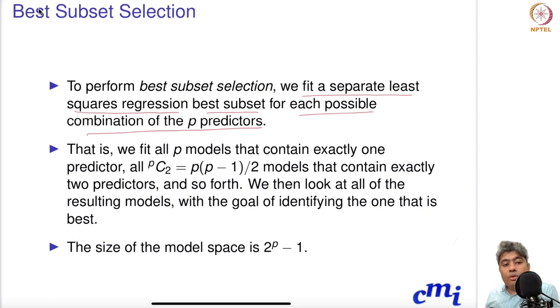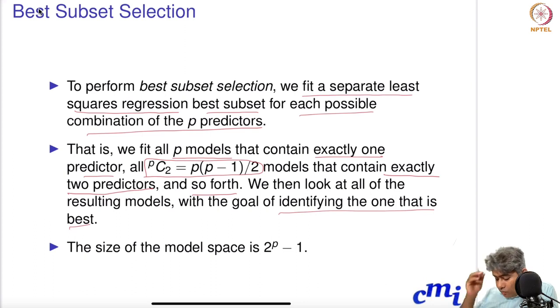This will fit all P models that contain exactly one predictor, then all P choose 2 models, that is P times (P minus 1) by 2 many models that contain exactly 2 predictors, and so forth. Then we look at all the resulting models with the goal of identifying the best one.